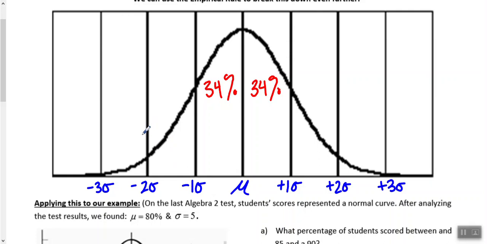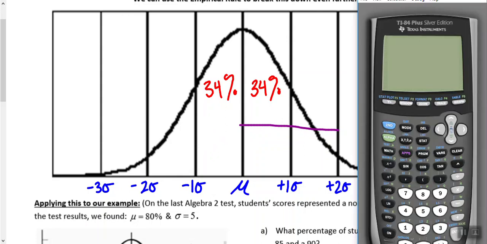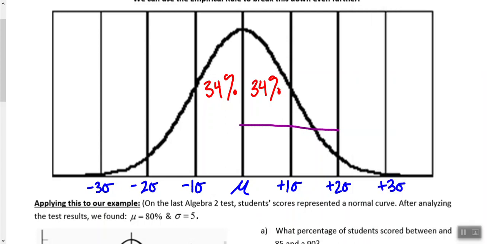Now, again, do not copy this part down, but if I go from -2 to +2, I get 95%. But if I just cut that in half, we find out with our calculator, 95 divided by 2, which gives us 47.5. So the purple is 47.5, but I already know that this section is 34%.